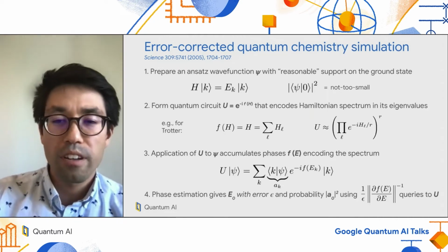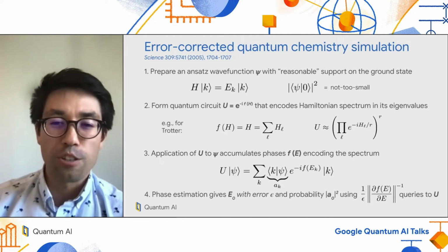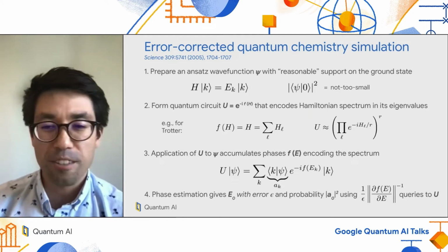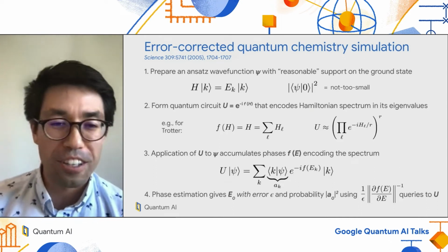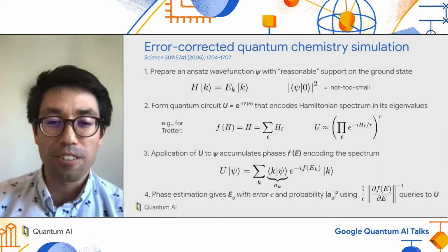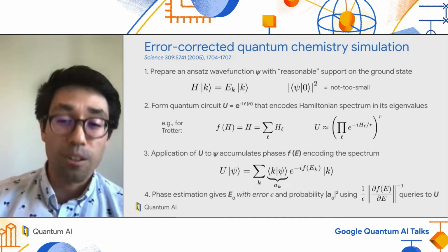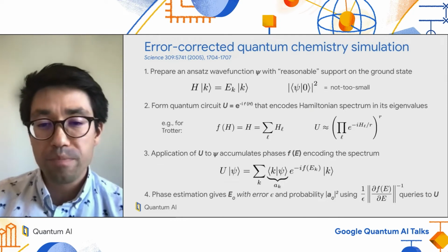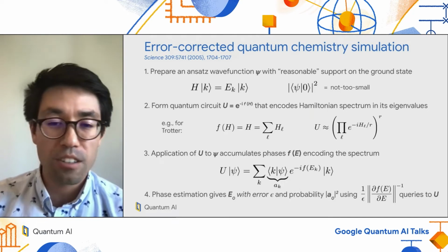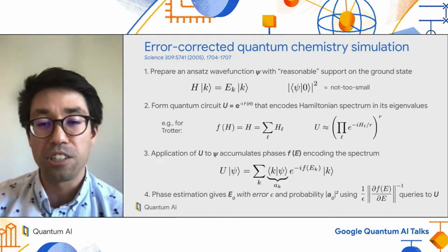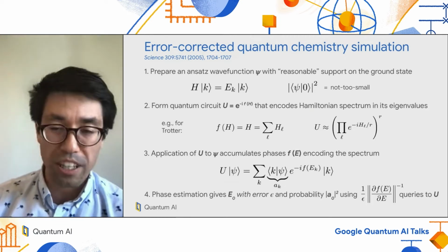It's important to point out that the cost of this algorithm is scaled by our initial overlap. You might consider that for a complicated system, getting a high overlap might be pretty challenging. But we can leverage the years of development in classical electronic structure for creating this ansatz psi that we hope has a high overlap. Overall, when we talk about quantum resource estimation, we'll be talking specifically about synthesizing each query to U and counting in terms of the number of logical qubits required and the number of Toffoli gates required.